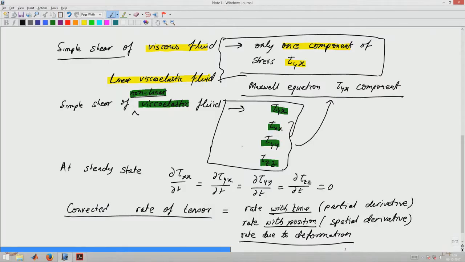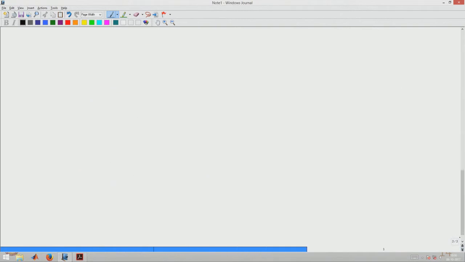We will first look at the equations for the y component. Since we are looking at steady state, when the derivative with respect to time goes to 0, tau yy goes to 0. Similarly, tau zz will also be 0.